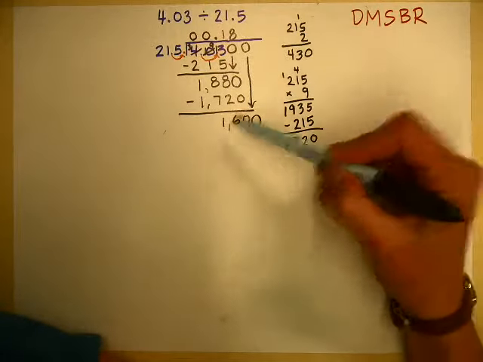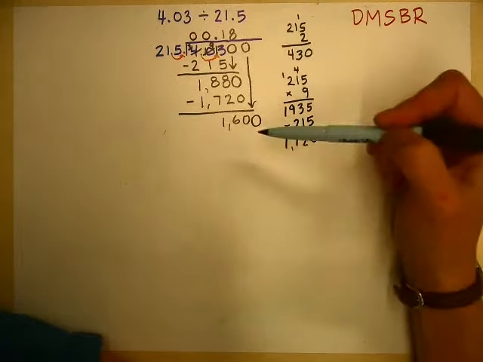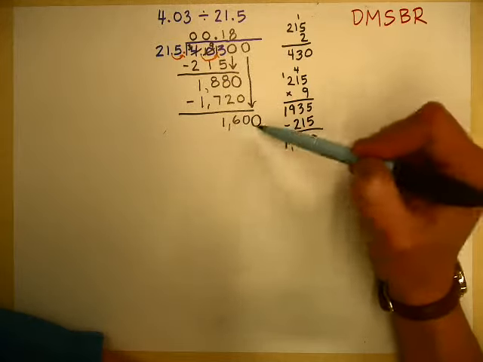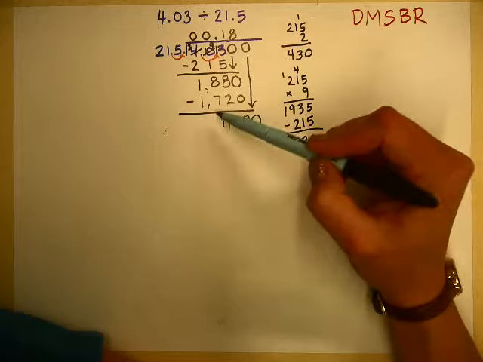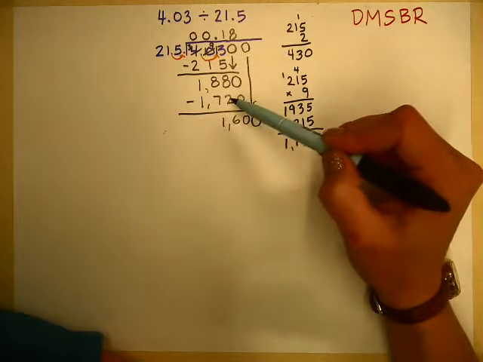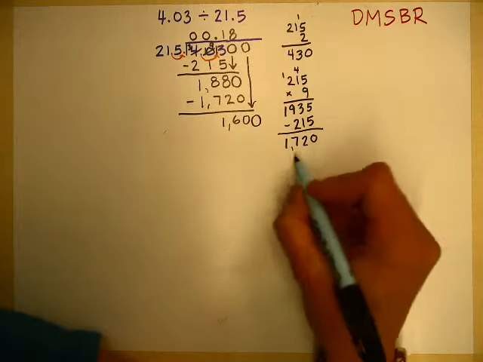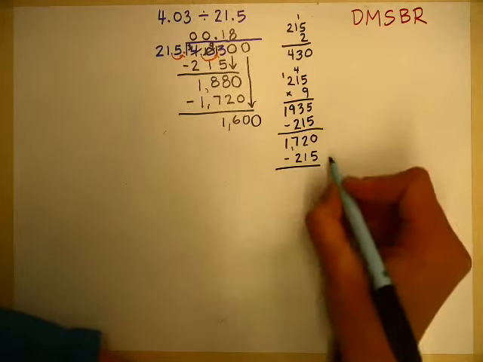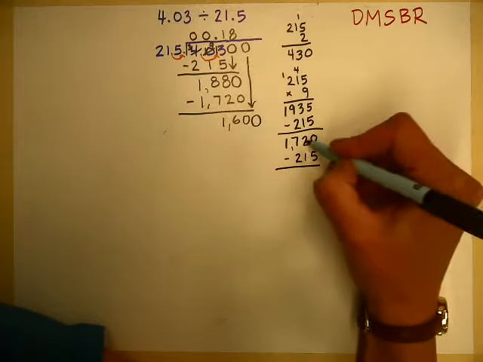1,600. So I think it's probably going to go in 7 times, because it's definitely not 8 times, but 1,600 is not that much smaller than 1,720. So let's try to subtract one more 215, making it 7 215s.